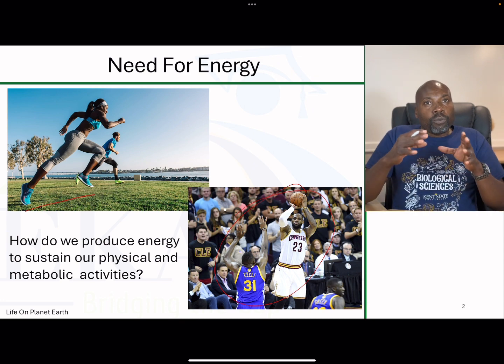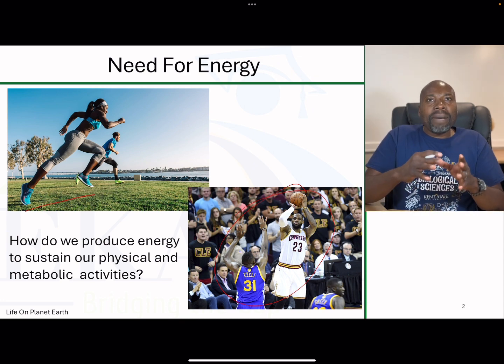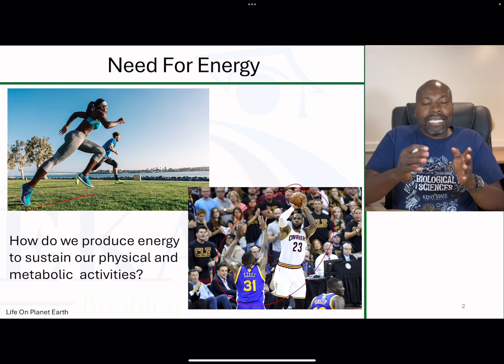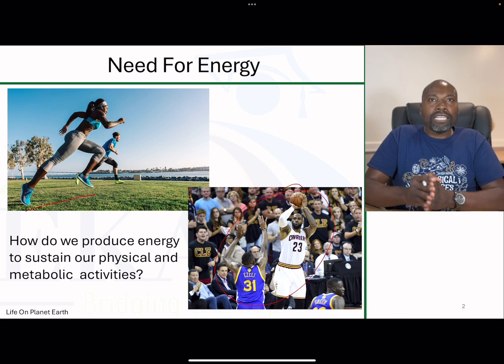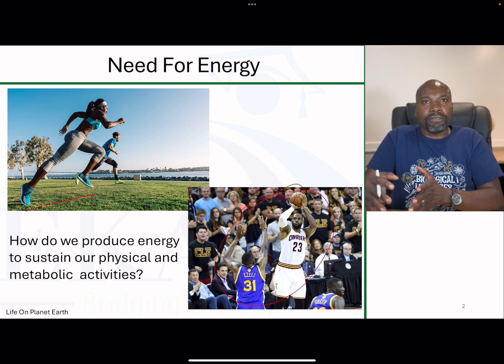Now, when you consider the amount of energy that is needed to sustain the activity of these athletes, when you consider the amount of energy that is needed to sustain your everyday life, right?